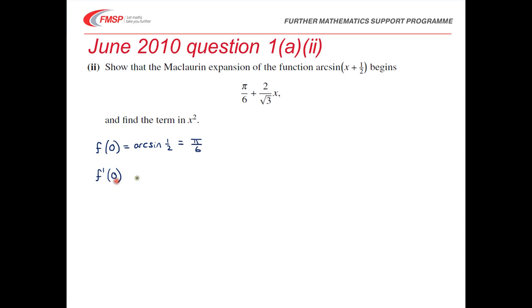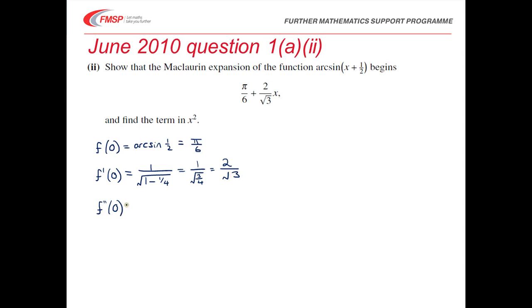If we then differentiate our function, that's the same as we got in Part A, where t equals a half. So that's 1 over root 1 minus a half squared, which is a quarter, 1 over root 3/4, which is root 4 over root 3, or 2 over root 3.